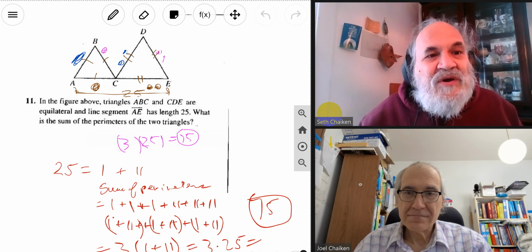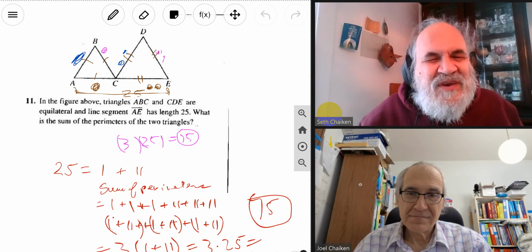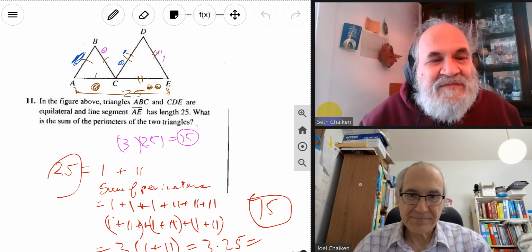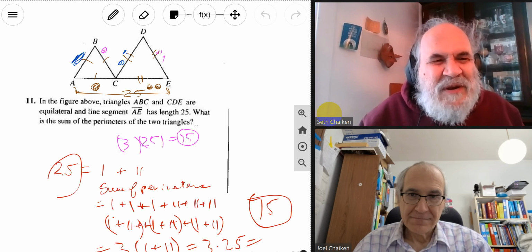I know what 1 double tick plus 1 single tick is. And they're asking for 3 of each. So you just take 25 and multiply it by 3.